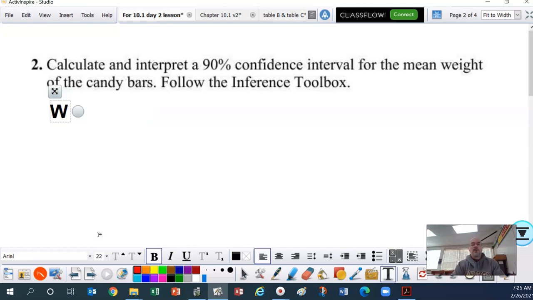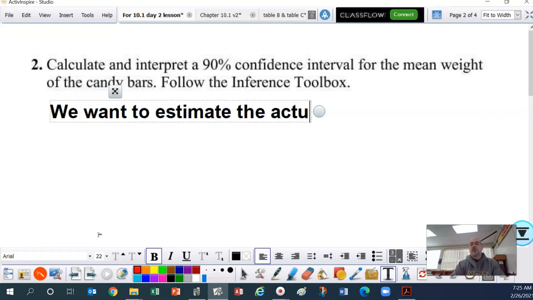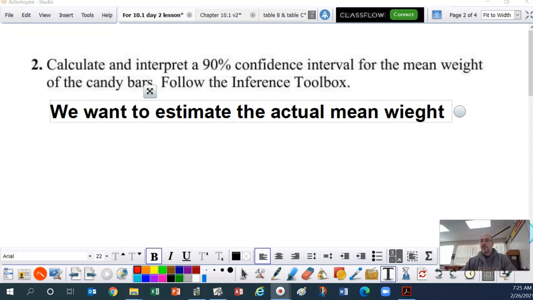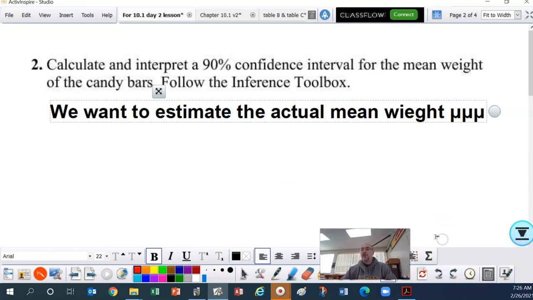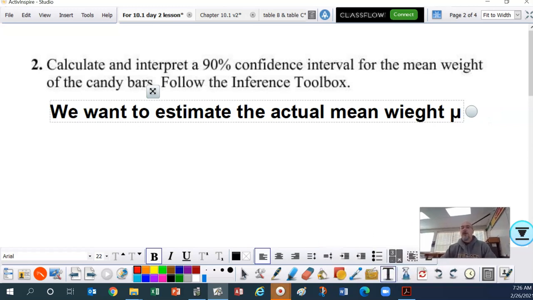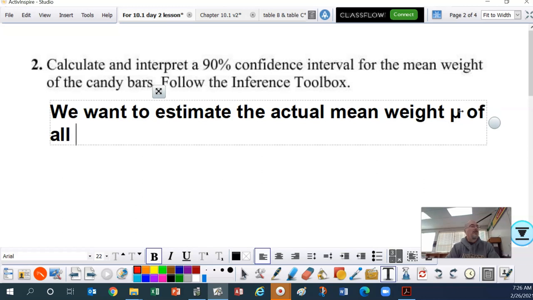So we want to estimate the actual mean weight, mu, of all Snickers 1 ounce fun size candy bars.